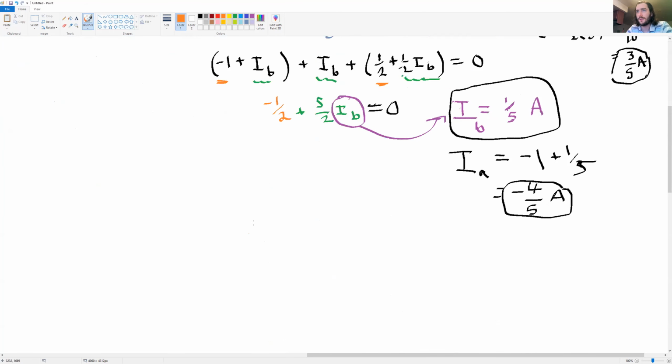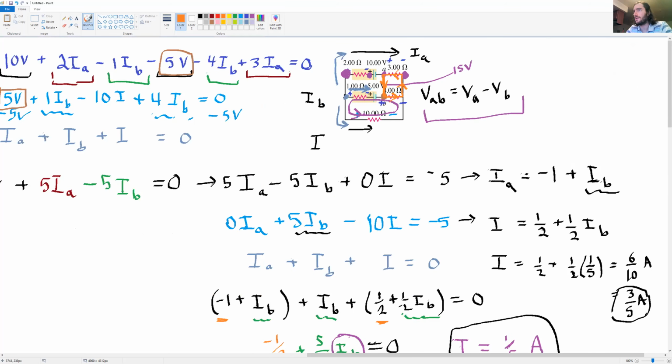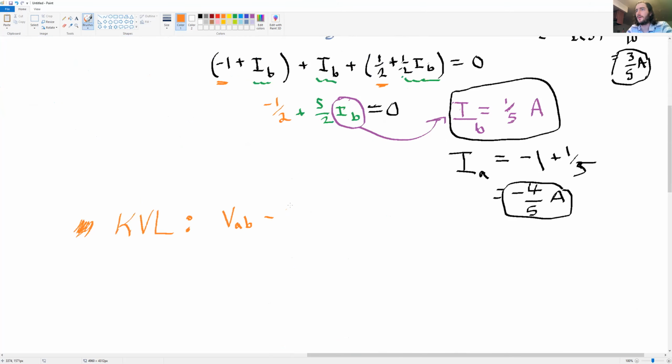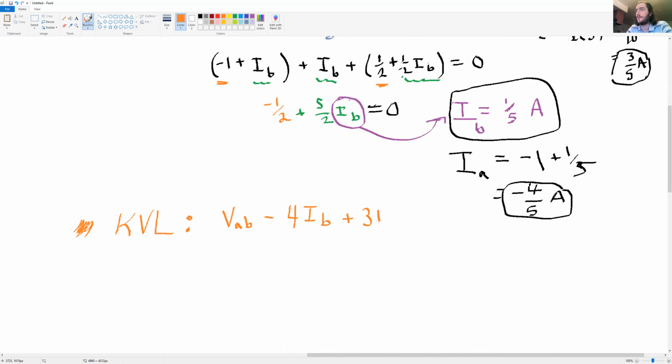So let's say the orange box KVL. That's going to be the potential VAB, and then current in this direction, so it's a loss of 4 times IB, so VAB minus 4 times IB, and then we're going to gain potential as we go across the 3 ohm resistor, so plus 3 IA, and that should equal 0.